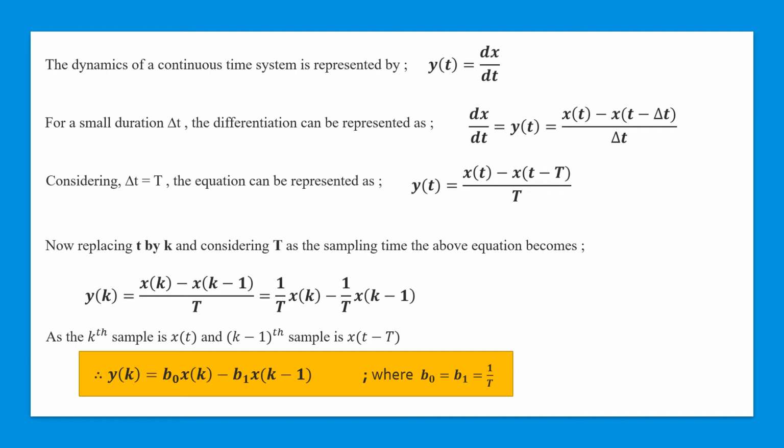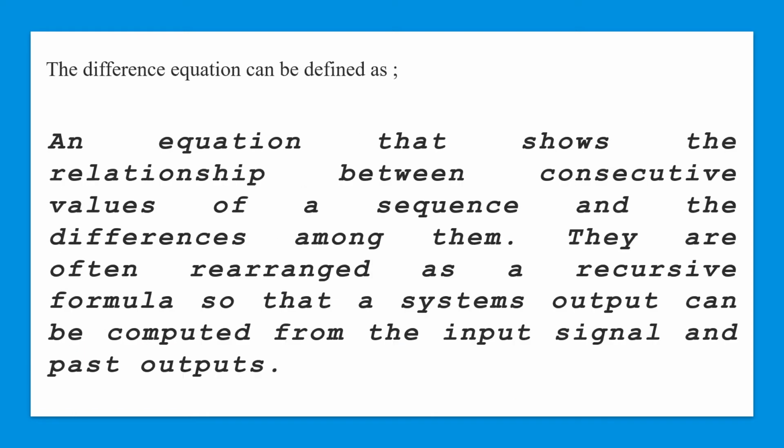The output depends on the current and past inputs, and it may also include past outputs. So the difference equation can be defined as an equation that shows the relationship between consecutive values of a sequence and the differences among them.